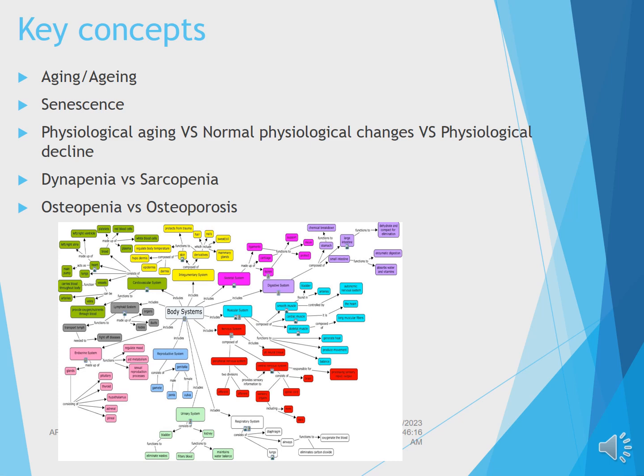What is senescence? Physiological aging versus normal physiological changes versus physiological decline. You must be able to differentiate, in older people, whether aging related to physiology is normal or because of other factors like poor lifestyle or disease that accelerate the process of aging.